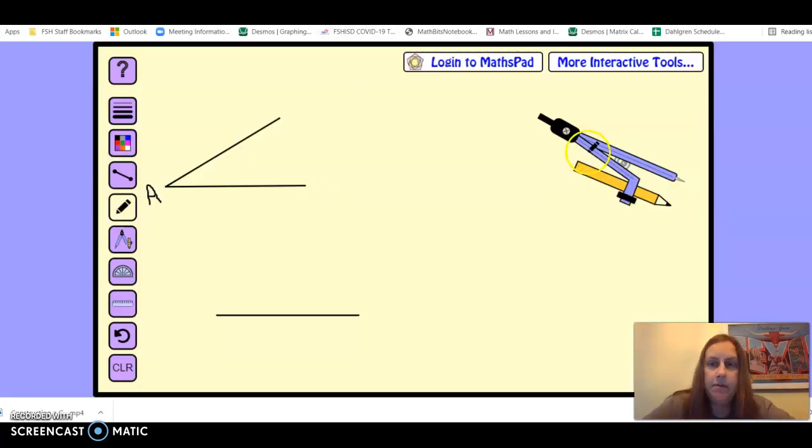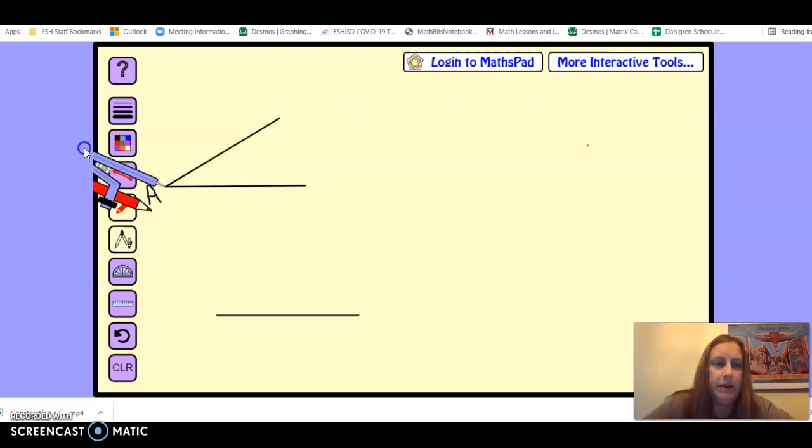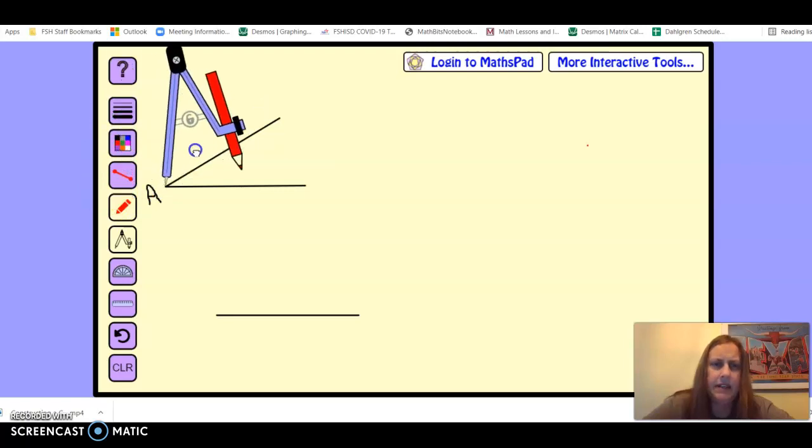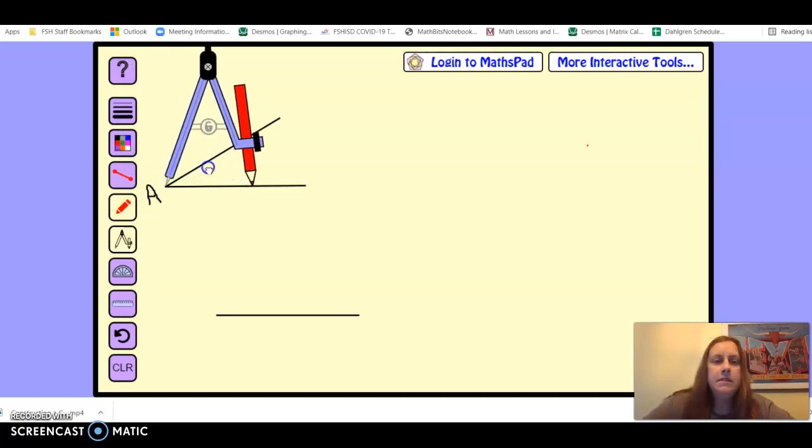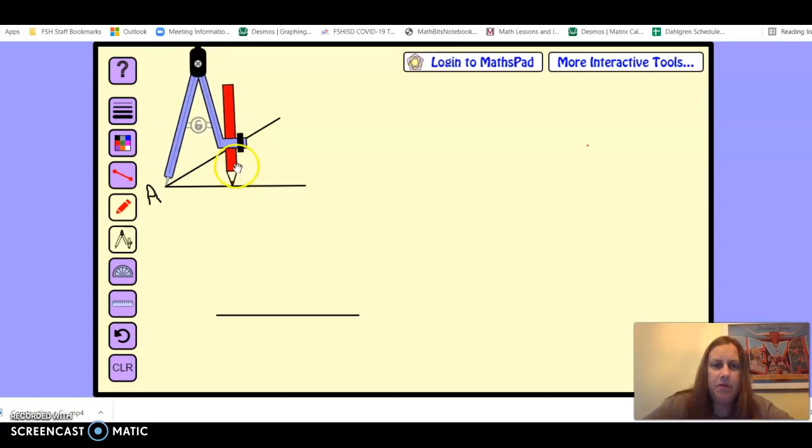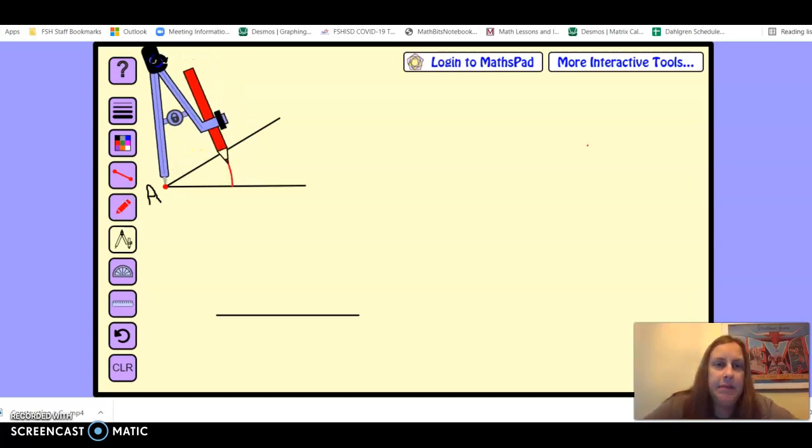So, going back here, I'm going to do this in red, taking my compass. I'm going to bring it over here, put the pointy part on A, and move it around so I can see a little bit better. Okay, so I'm going to open it right to about there, not too far, not too close, and then I'm just going to make a big arc.